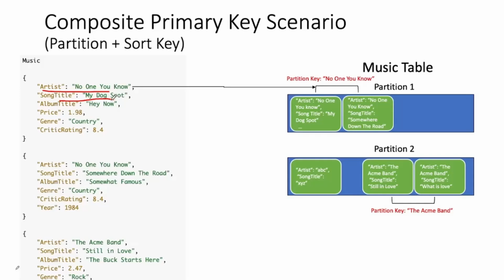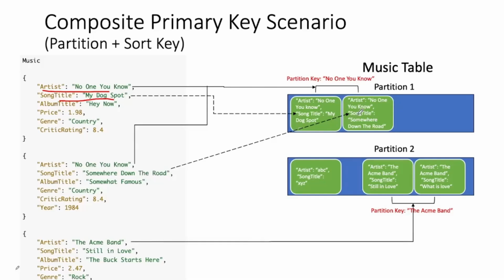But the sort key is further going to point us to the exact location where the data exists. So in this case, from the sort key, we know that this data is pointing to this entry. And here we are depicting another item with the same partition key but different sort key. So it's taking us to the same location as far as the partition key is concerned, but then further the sort key is telling us the exact item it's pointing to.